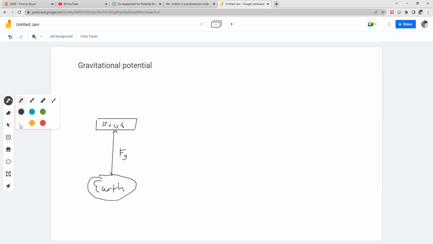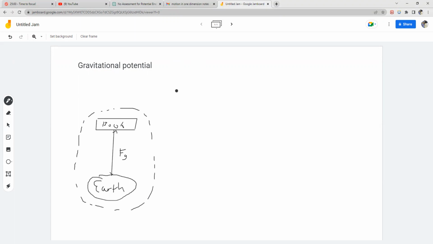Now, what if we define the system to be both the book and the Earth? That means, what is our internal force? Our internal force is gravitational force.